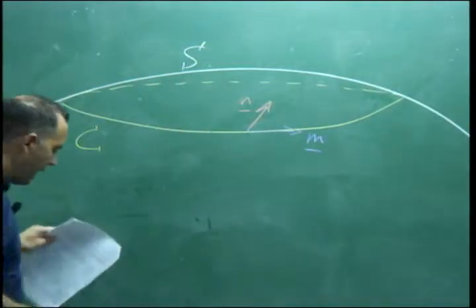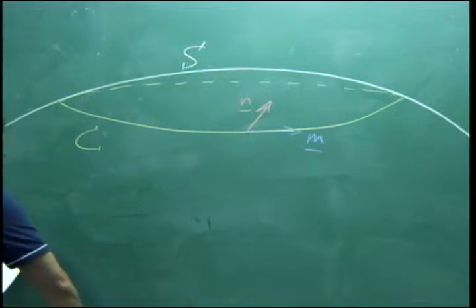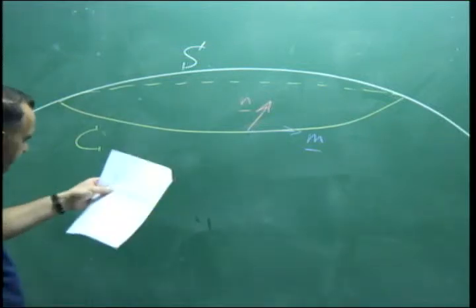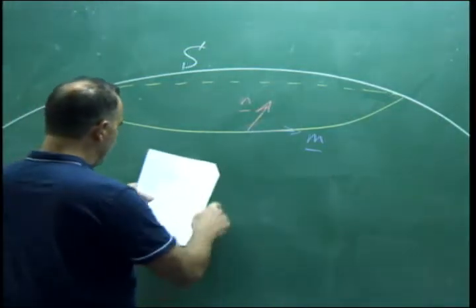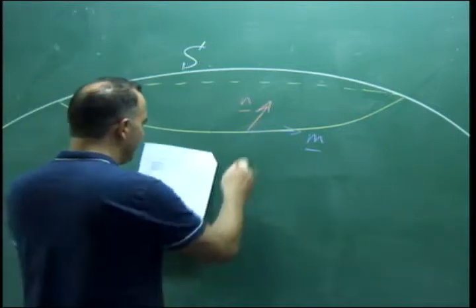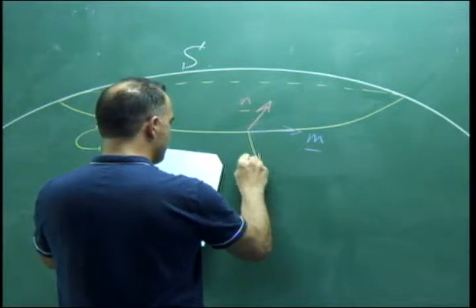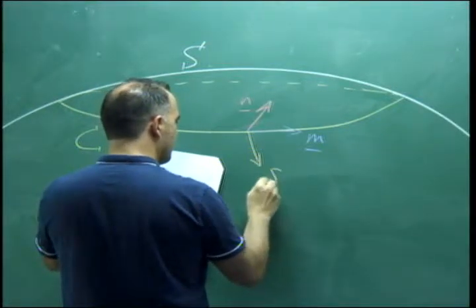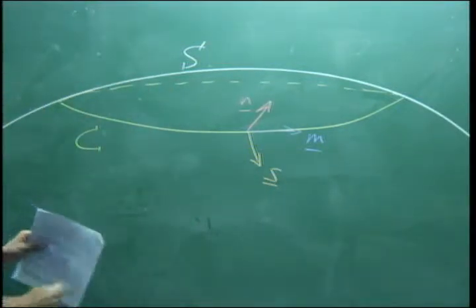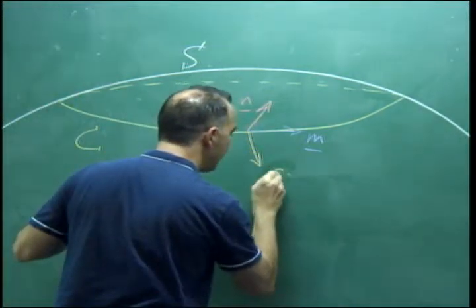And then we have a third unit vector which is normal to C but tangent to S. Call it little s.